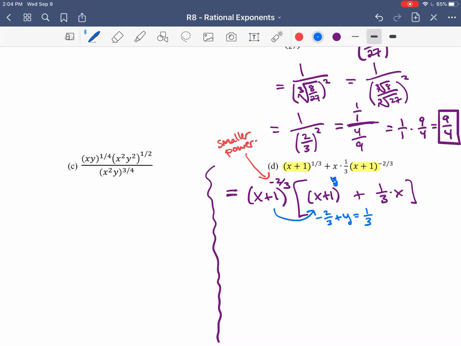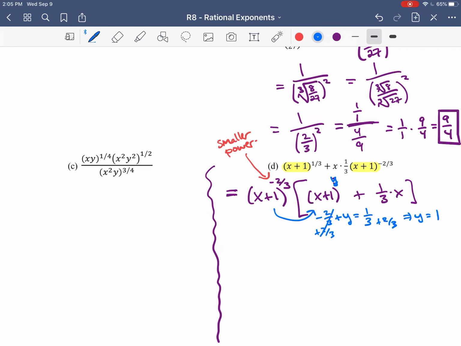Whatever the new exponent is, when I add it with negative 2/3, I need to get my old exponent 1/3 because I shouldn't have changed my expression. So to solve for y, I want to add 2/3 to both sides of this equation. So this tells me that y is actually 1, or 3/3.